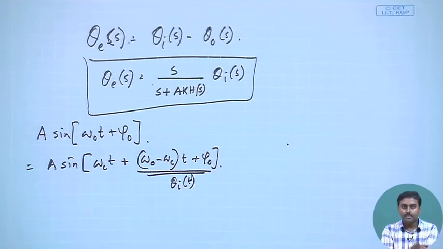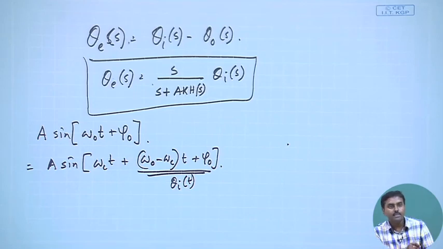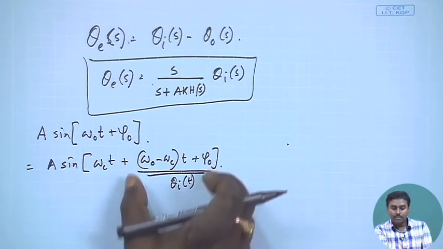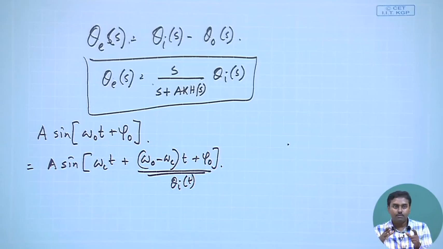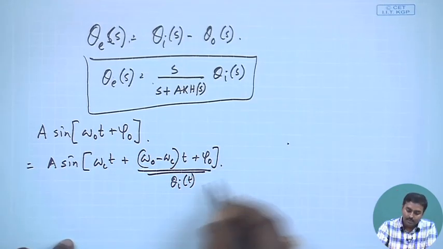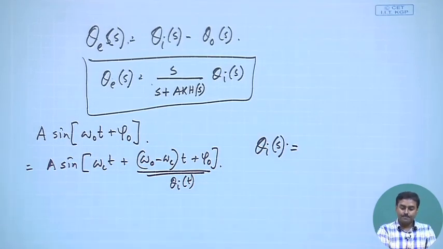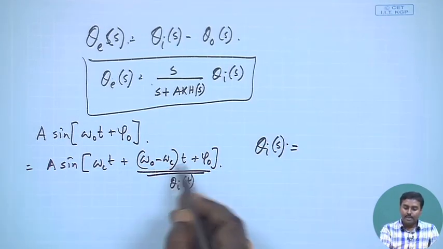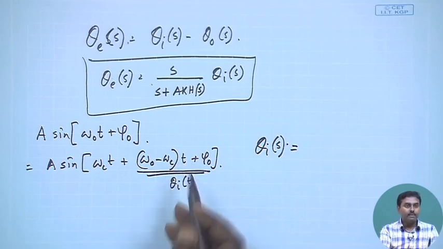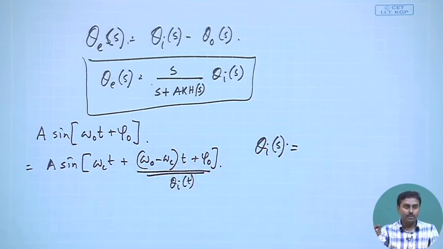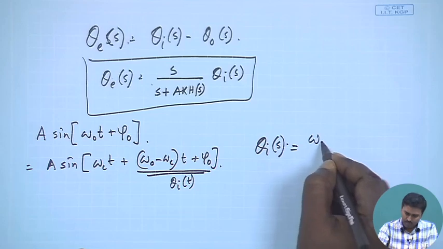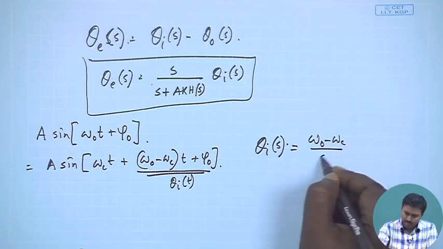So, omega c is already the free running frequency of the VCO. So, therefore, this must be my input phase. Okay. So, if this is the input phase, what is the corresponding S domain representation? Okay. So, (omega 0 minus omega c) t, in S domain it is 1 by S square, right. So, it should be (omega 0 minus omega c) by S square.